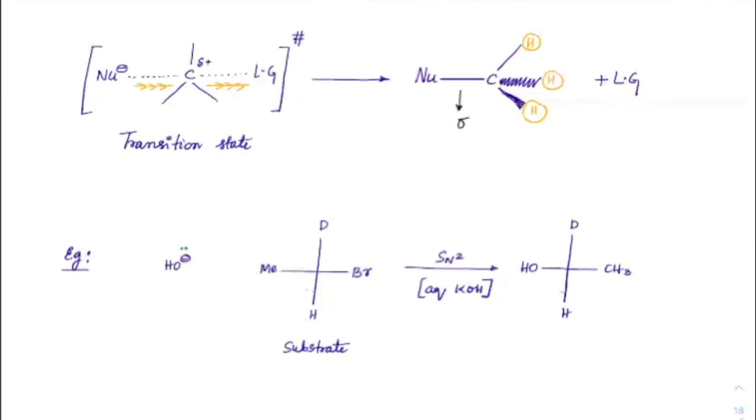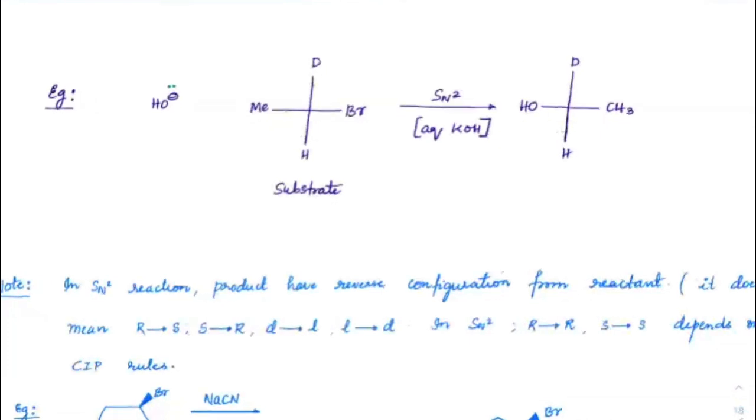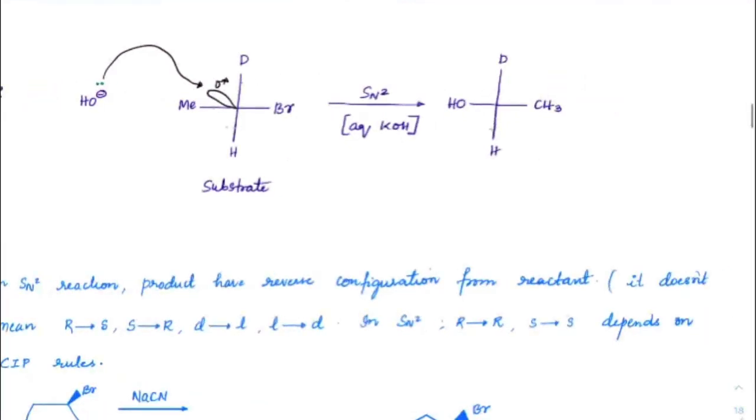All right. Now, for instance, if you check out an example here, if OH minus approaches this chiral center, okay, this is a chiral molecule, you can see that. So from this chiral center, there is some sigma star on which this nucleophile is attacking. As it attacks, the substrate has to undergo inversion if it is going through the SN2 mechanism, right?